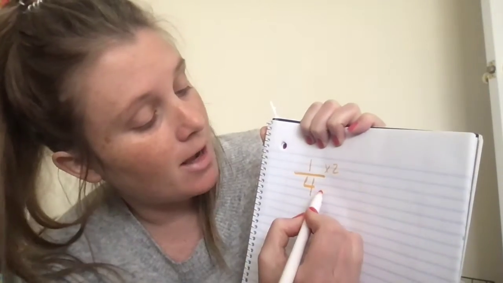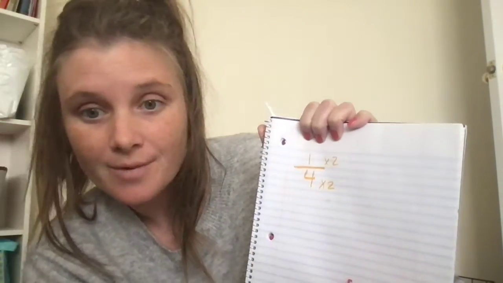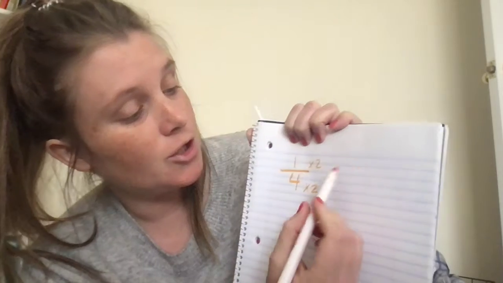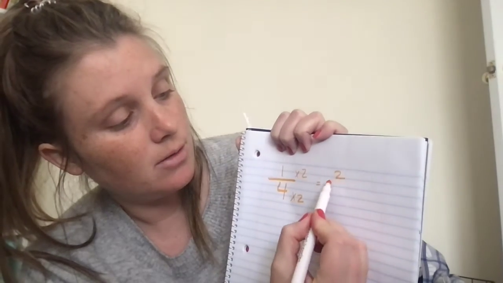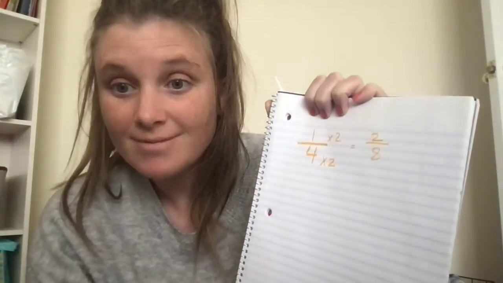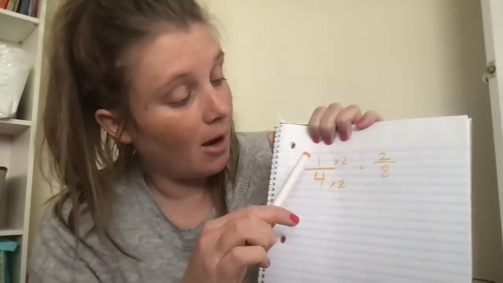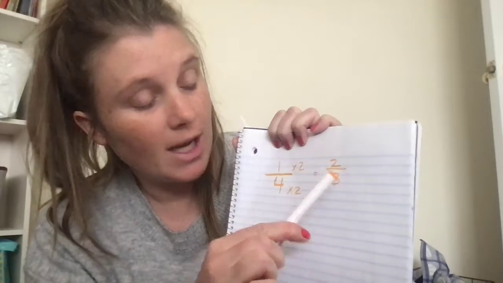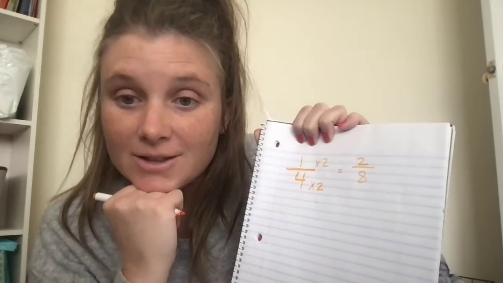So if we have 1/4, let's multiply the top by 2 and the bottom by 2. 1 times 2 equals 2. 4 times 2 equals 8. And that shows us that 1/4 and 2/8 are equivalent fractions.